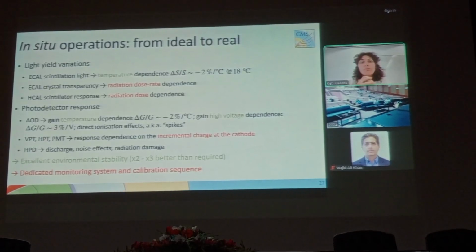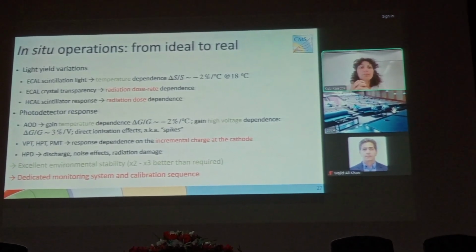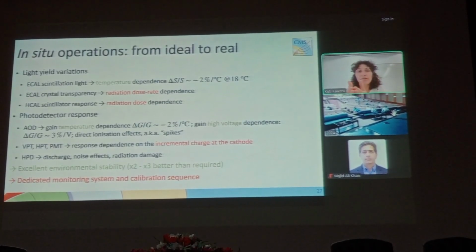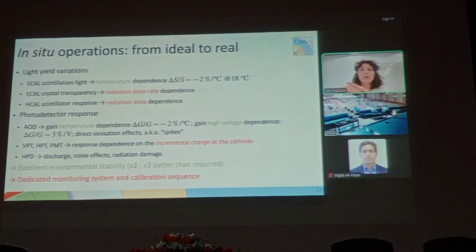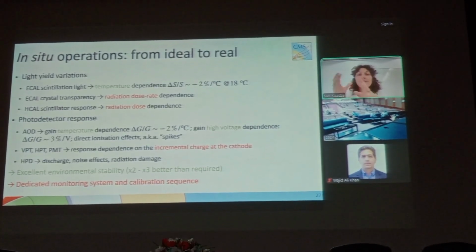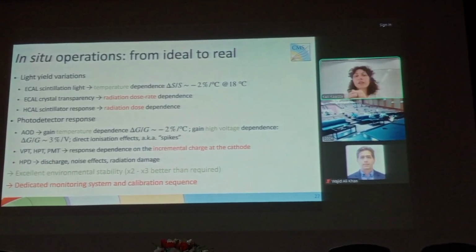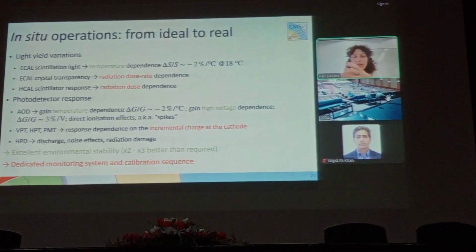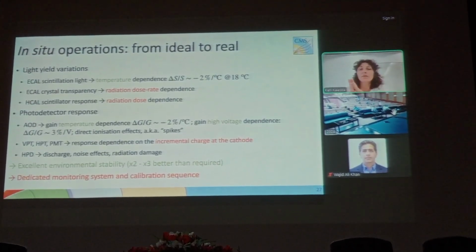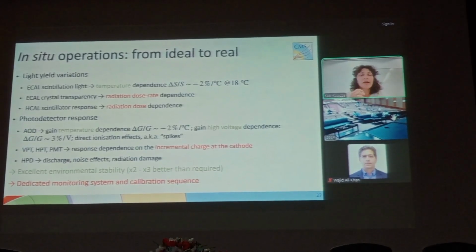Because we have many factors that affect our energy resolution. For example, light yield can vary in the detector. This can vary because of the dependence on temperature. It can vary because of, for example, the transparency of the crystals or scintillators, which is significantly affected by radiation, and depends on what type of material we're dealing with. Sometimes it depends on the dose of radiation or dose rate, and so on.